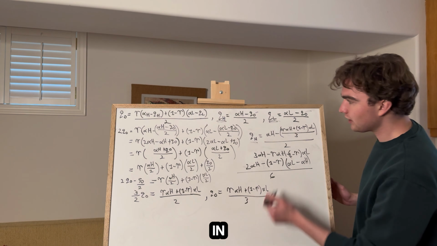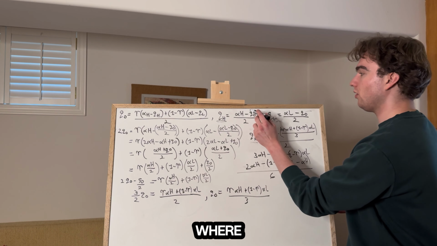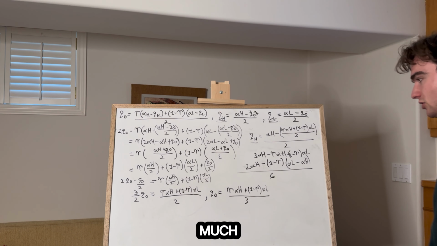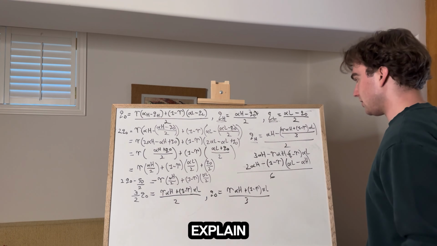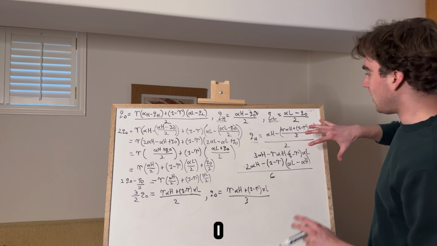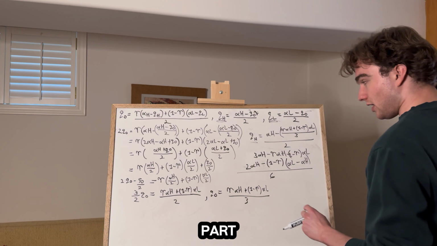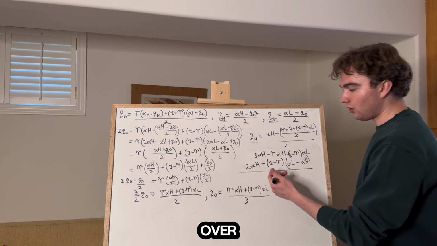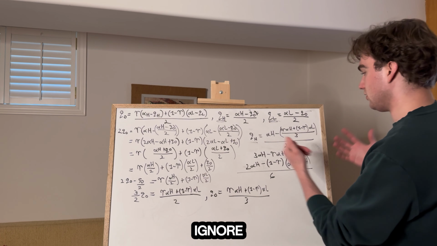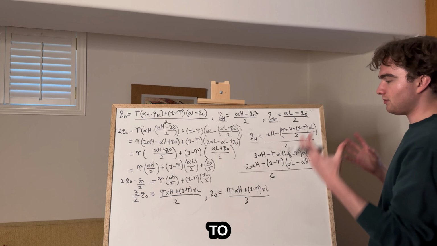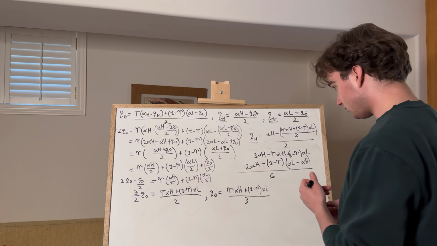You just plug in your Q0 where you see your Q0 here, and then you simplify it as much as you can. So first I put it in, and I multiplied the top part by 3, which puts everything over 6, because you can't just make it bigger on top. It needs to be equal, okay?